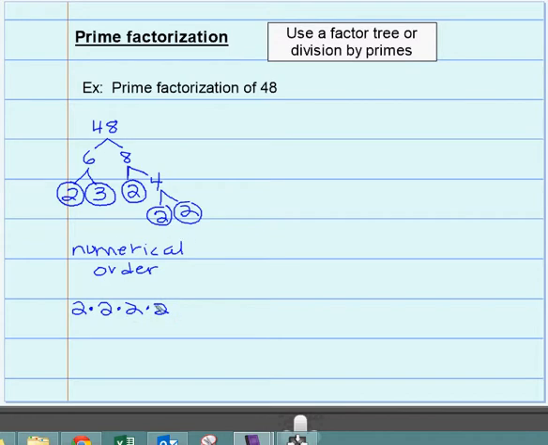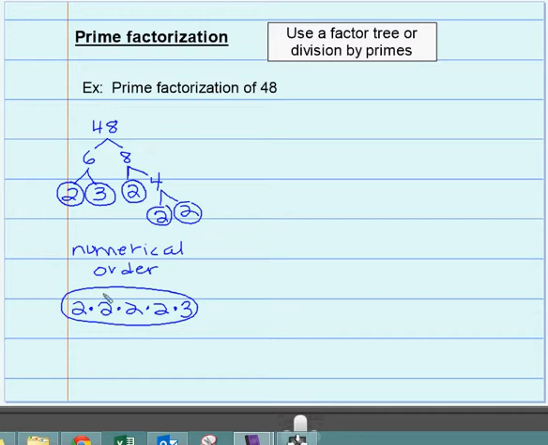So there should be 4 2's, and then we're going to multiply times 3. That is the prime factorization right here. This is not. This is a factor tree that gets you to the prime factorization when you write it out with multiplication symbol in between. If you just put a factor tree on your paper and circle those numbers, I will count it wrong every single time.